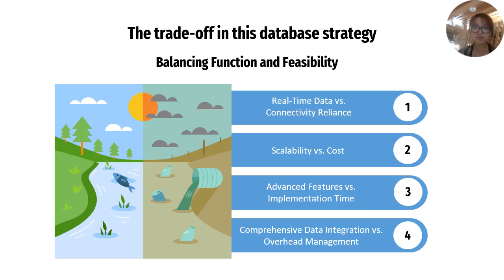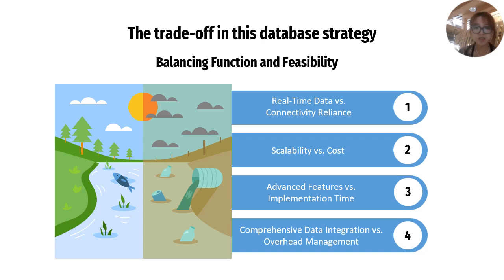We also face some trade-offs that shape our approach. The balance between real-time data and connectivity challenges in disaster zones is pivotal, and while offline capabilities offer a solution, they can delay crucial data synchronization. Moreover, the necessity for scalability to manage data surges must be weighed against the financial limits of our NGO.